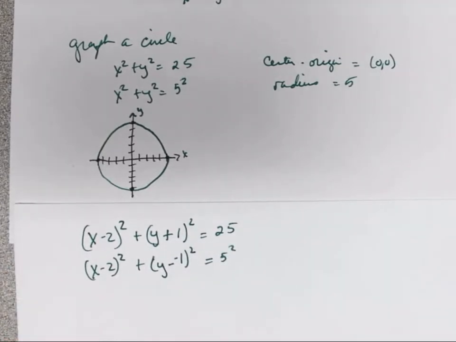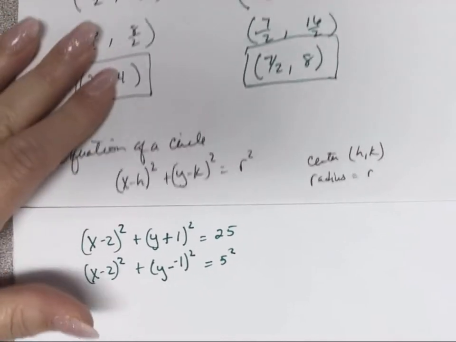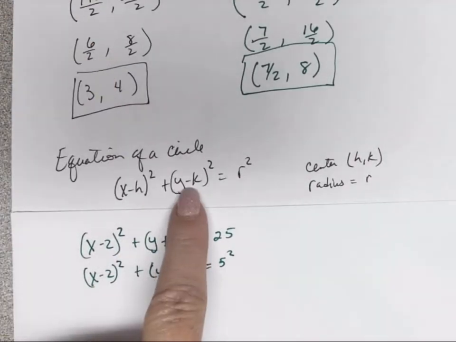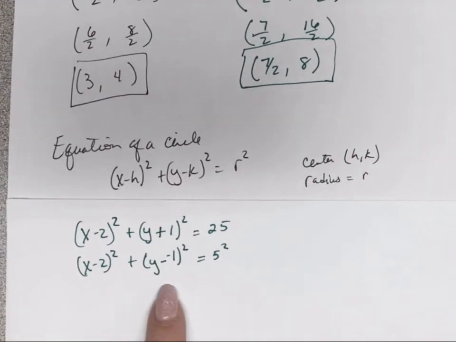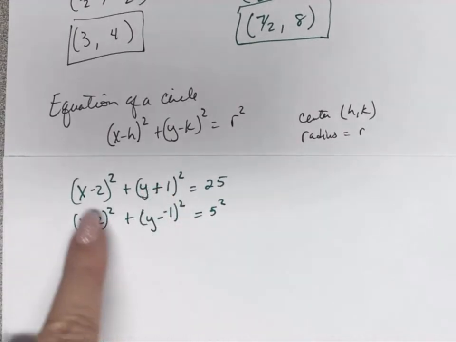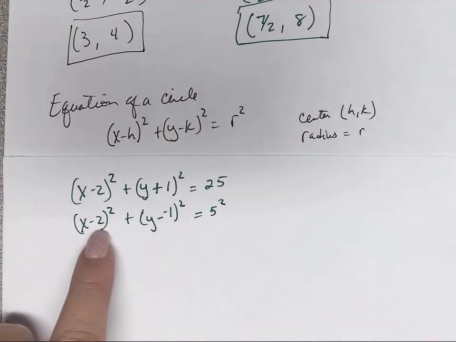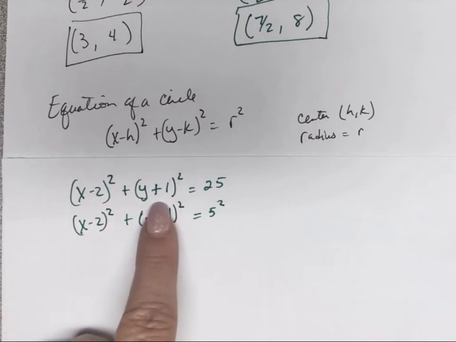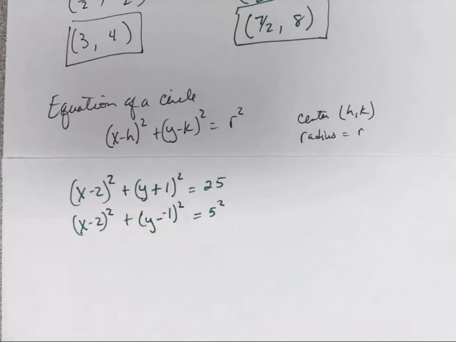Now you don't have to rewrite this part, but I want you to understand the formula has a negative sign in it. So let's go back up to our formula. It has a negative in there, y minus k. So if we rewrite it, we can truly see what k is. Otherwise, it's going to be opposite of what you see. So you see a negative 2, your h is 2. You see a positive 1, your k is negative 1.